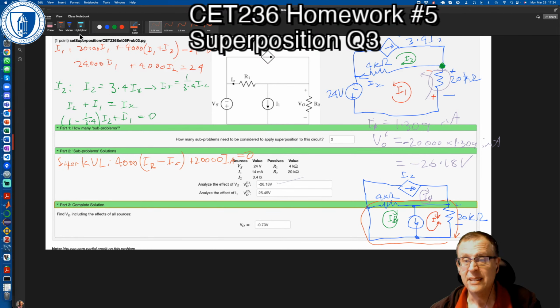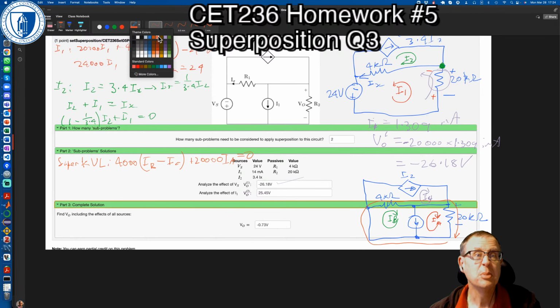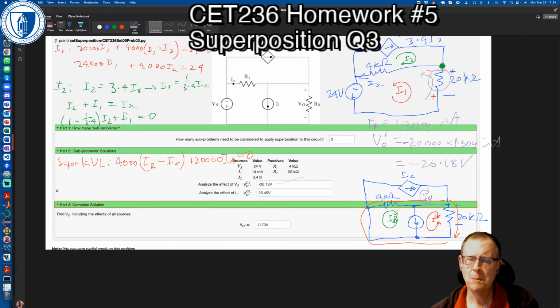And then the purple one, let's go back to purple. The purple one has IC equals I2, which is equal to 3.4 IX.